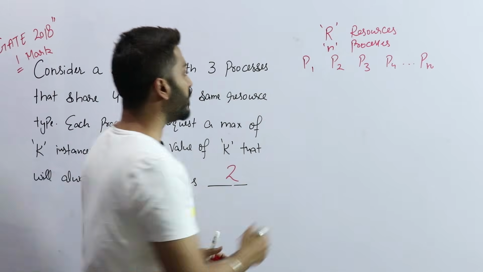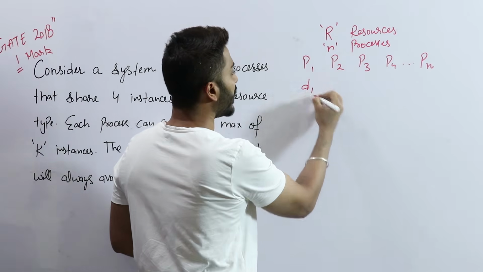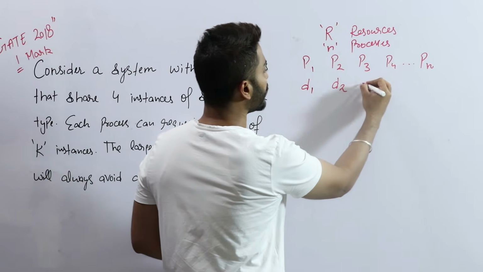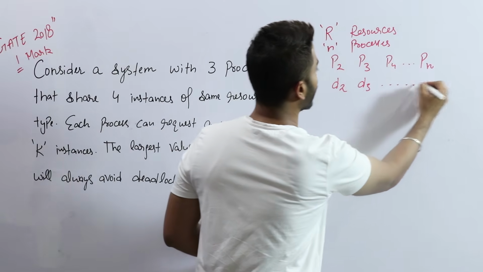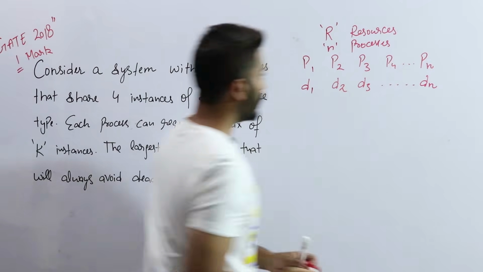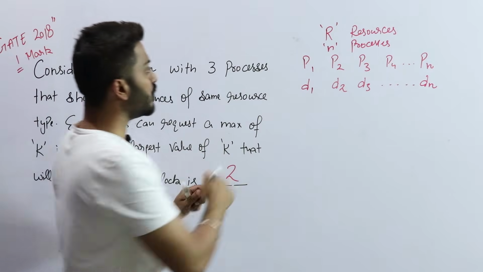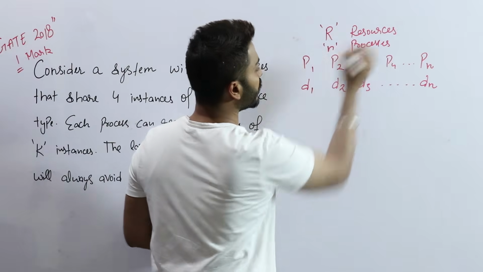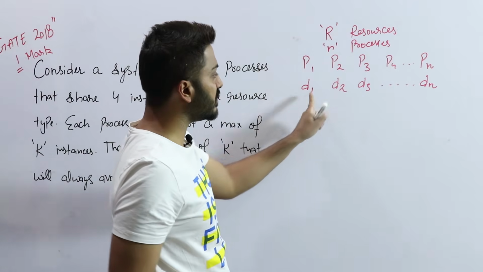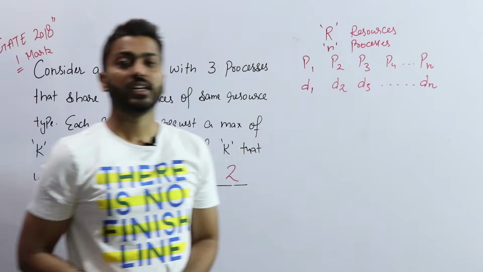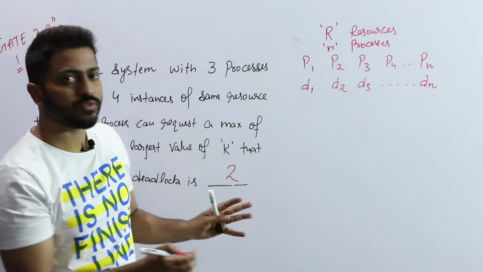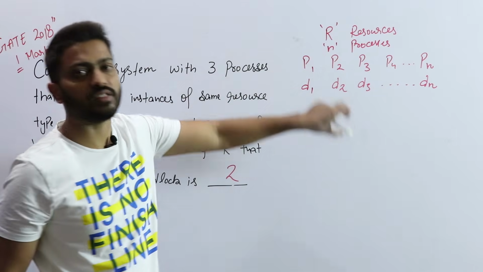And the demand, let's say the demand of P1 is D1, demand of P2 is D2 and so on up to Dn. So we have assumed R number of resources, N number of processes, and D1, D2, D3 as the demands. Let's derive a formula related to all these three.